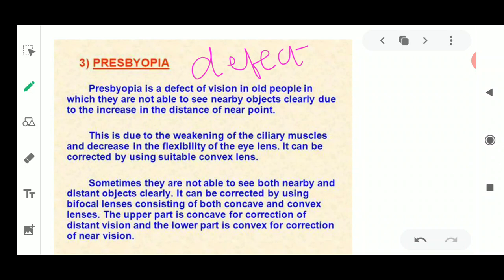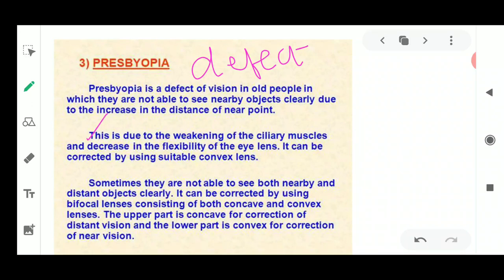This happens because of the weakening of the ciliary muscles. Before understanding this defect, we should understand the function of the ciliary muscles. Ciliary muscles are those muscles which hold the eye lens. They increase or decrease the flexibility of the eye lens. It is corrected using a suitable convex lens.